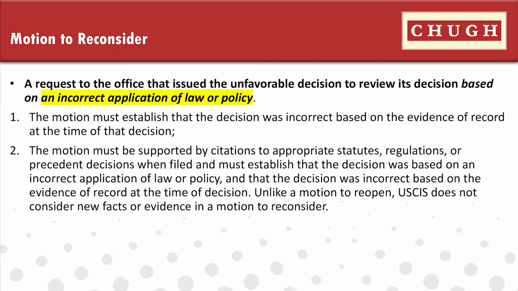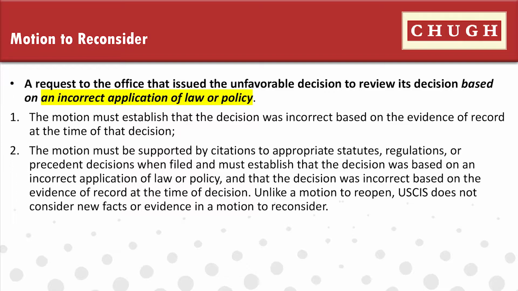You just need to explain why the application of the law by the USCIS is incorrect, and you need to cite the appropriate statute, regulations, or precedent decisions, and establish that the decision was based on an incorrect application of law or policy. So the office needs to approve your case.